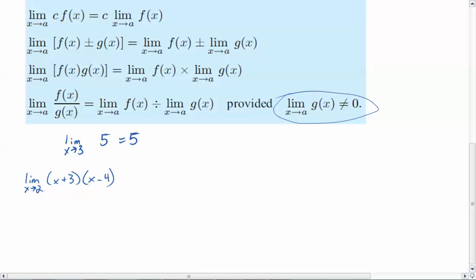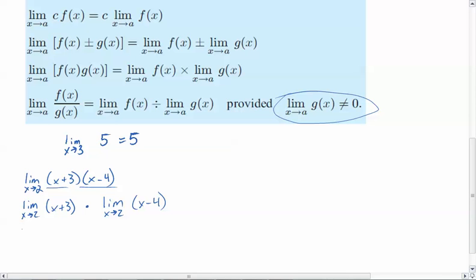So now you could just kind of figure this out already, but we're going to go ahead and look at this from the perspective of let's learn how to use the limit rules. So I've got two things being multiplied here, so I can rewrite this as the limit as x approaches 2 of x plus 3 times the limit as x approaches 2 of x minus 4.